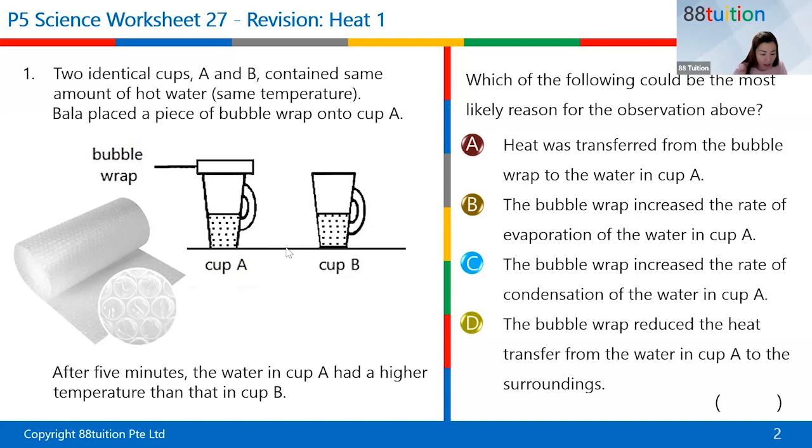That means it doesn't allow heat to pass through it easily. So Bala placed a piece of bubble wrap onto cup A, so cover cup A with this. 5 minutes later, he noticed that the water in cup A had a higher temperature than the water in B. What is the likely reason? Okay, what is the likely reason?